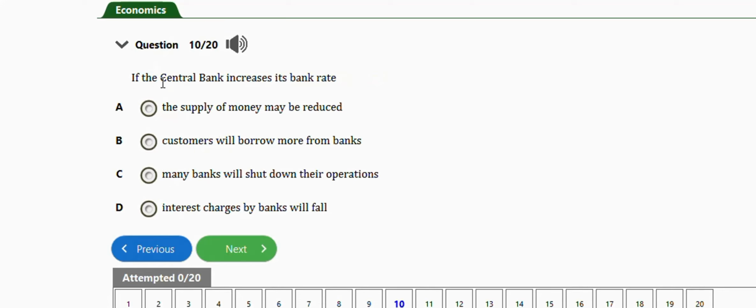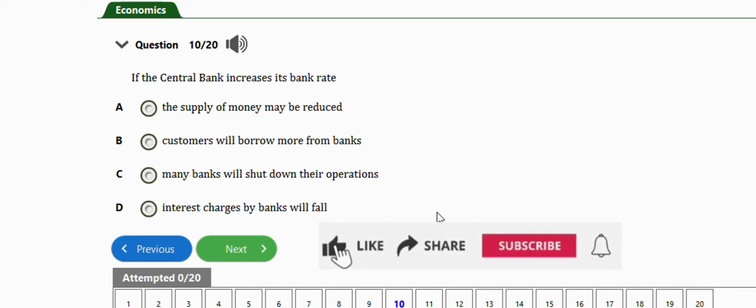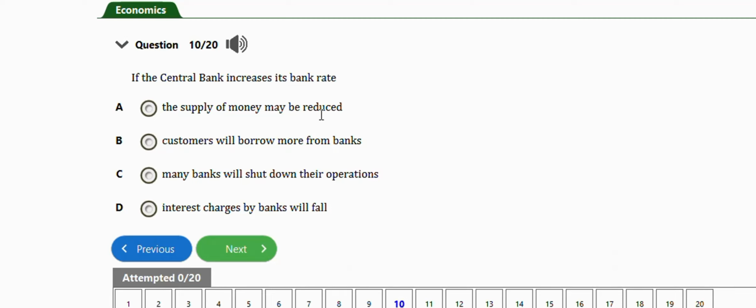It says, if the central bank increases its bank rates, the supply of money may be reduced, customers will borrow more from banks, many banks will shut down their operations, interest charges by banks will fall. So guys, if the central bank increases its bank rates, the supply of money may be reduced. That will be the answer to this question.